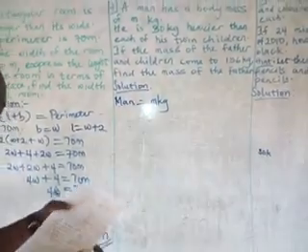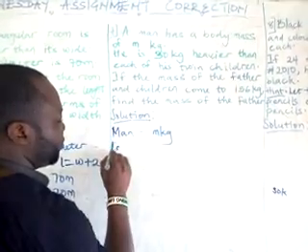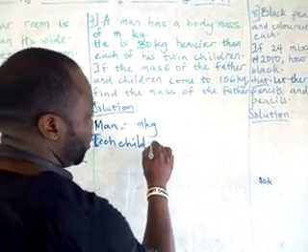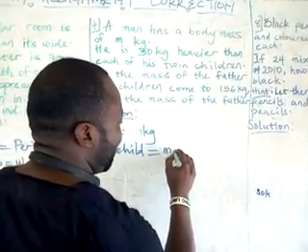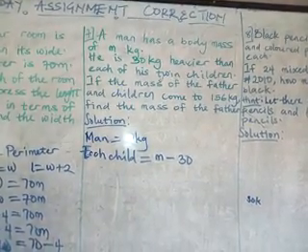So each child equals the mass of the man, which is M minus 30. I want to believe you are getting us now.